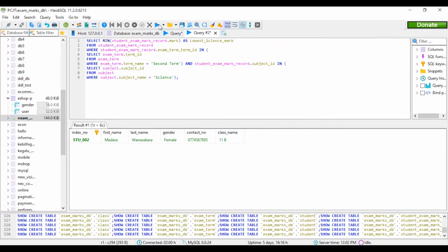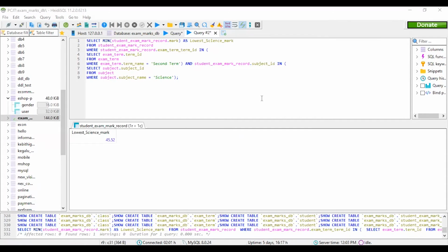So this will be our query, and let's execute. And we have got the lowest mark for the science subject in the second term like this. So let's move on to the fourth question.